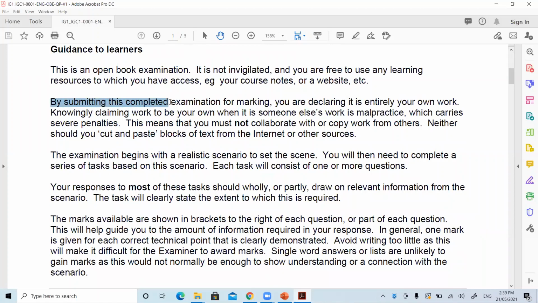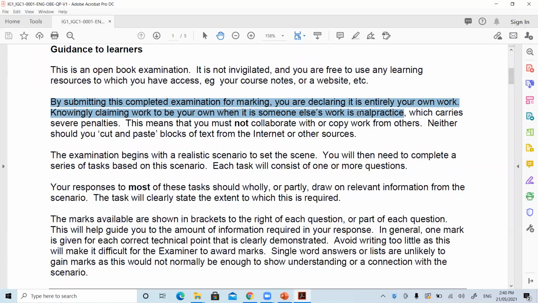Now, by submitting this completed examination for marking, you are declaring that it is entirely your own work. Knowingly claiming work to be your own when it is someone else's work is malpractice. Okay, you need to be very, very familiar with this word malpractice. So if you submit the answer sheet, you are declaring that this is entirely your own work.